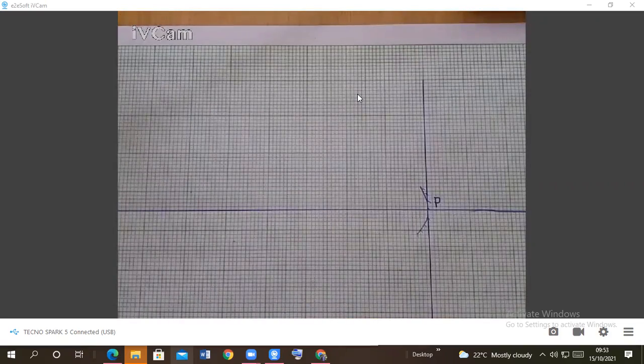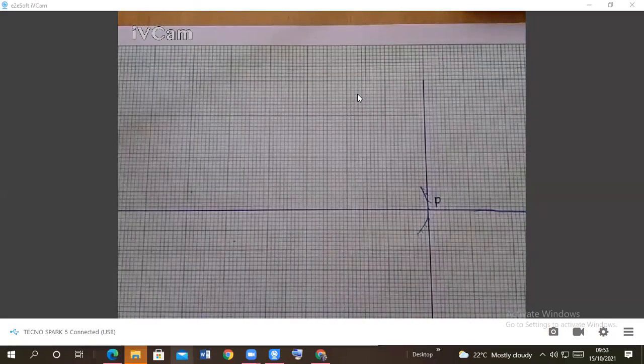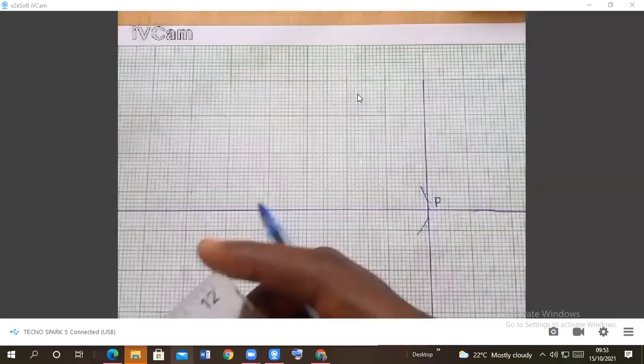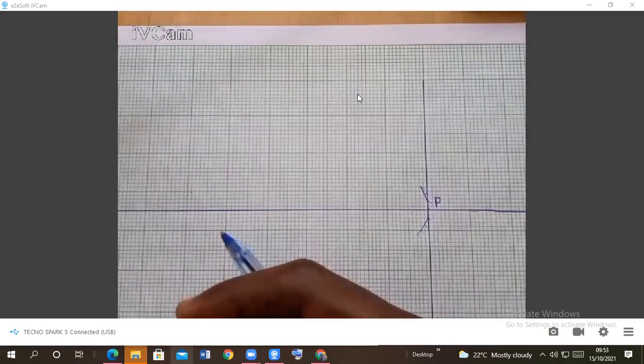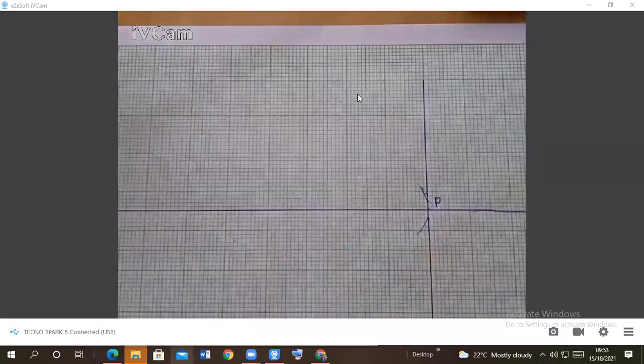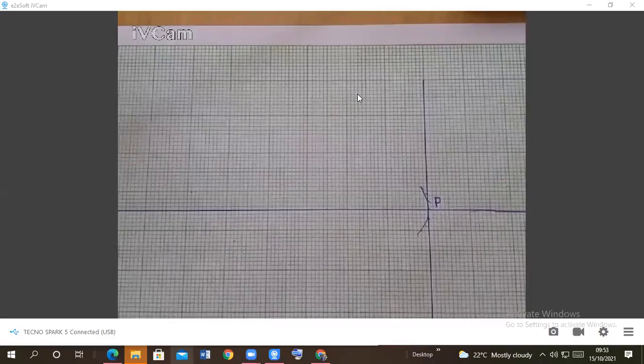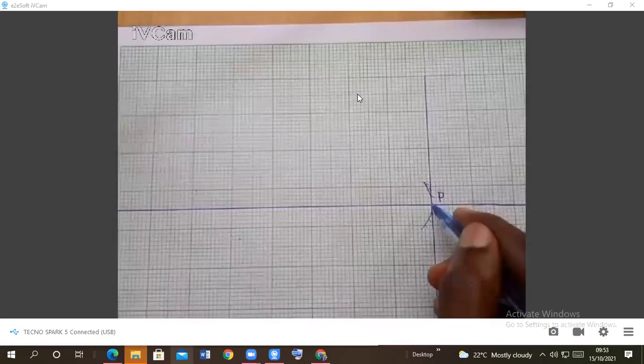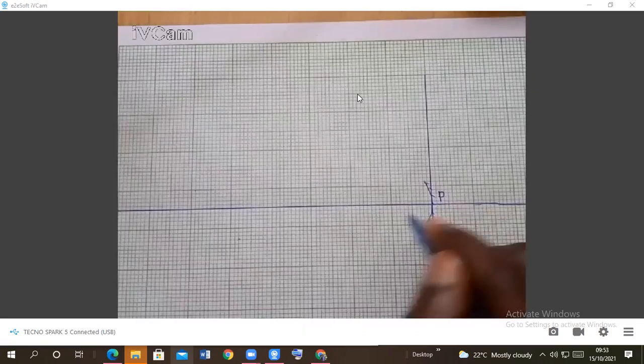So what is the distance? For focal length, we are going to use 4 units, not so? With this, you don't even need a ruler. You just count the squares because each square represents 1 centimeter.